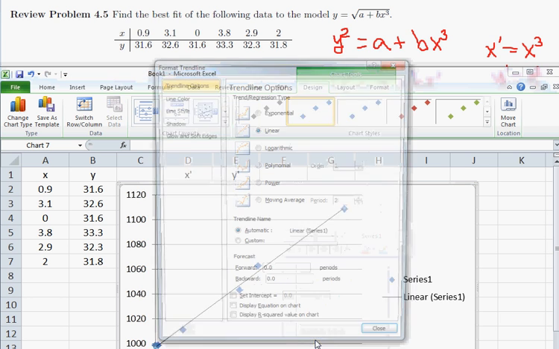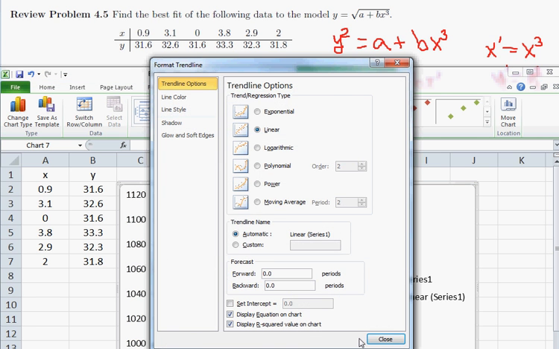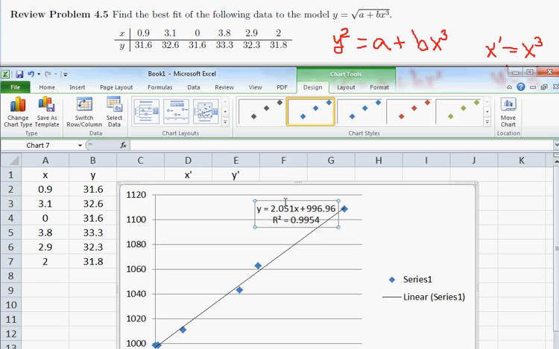So if I add the trend line, and let me put the equation of the trend line on. The slope is 2.051, whereas the intercept is 996.96.